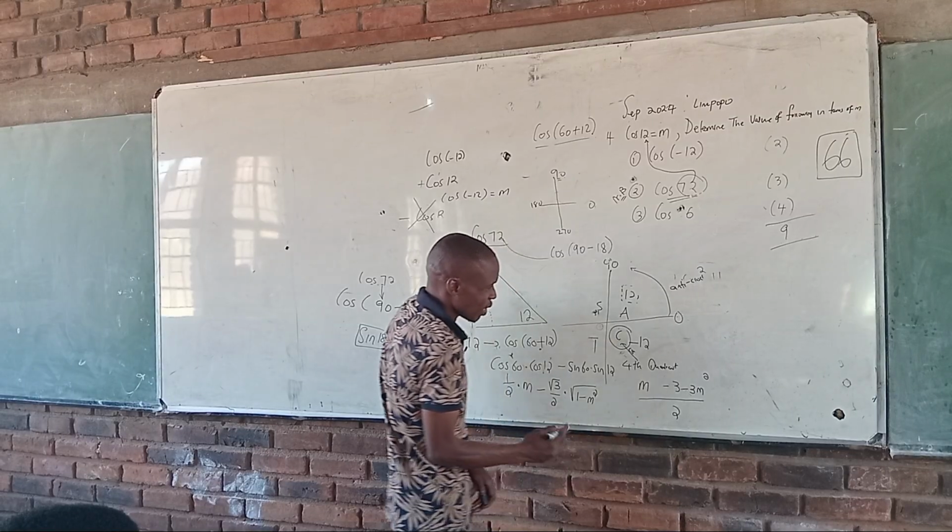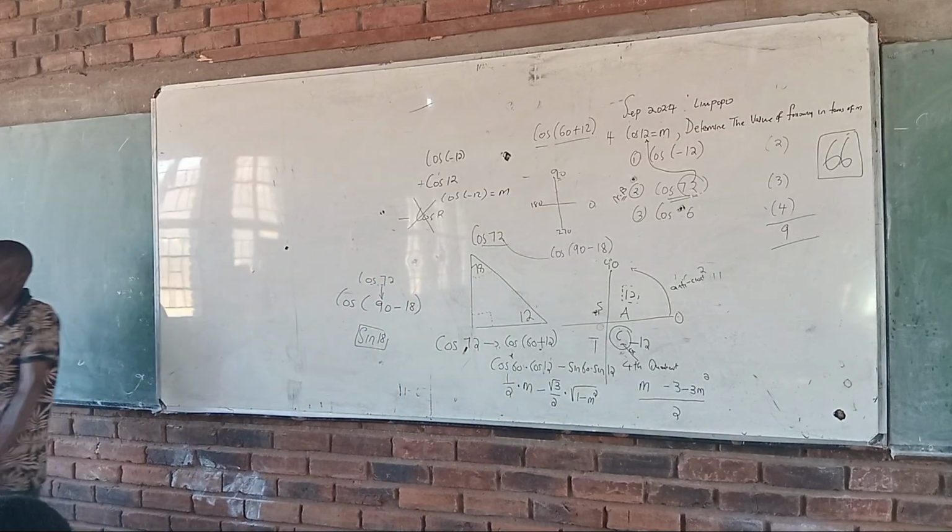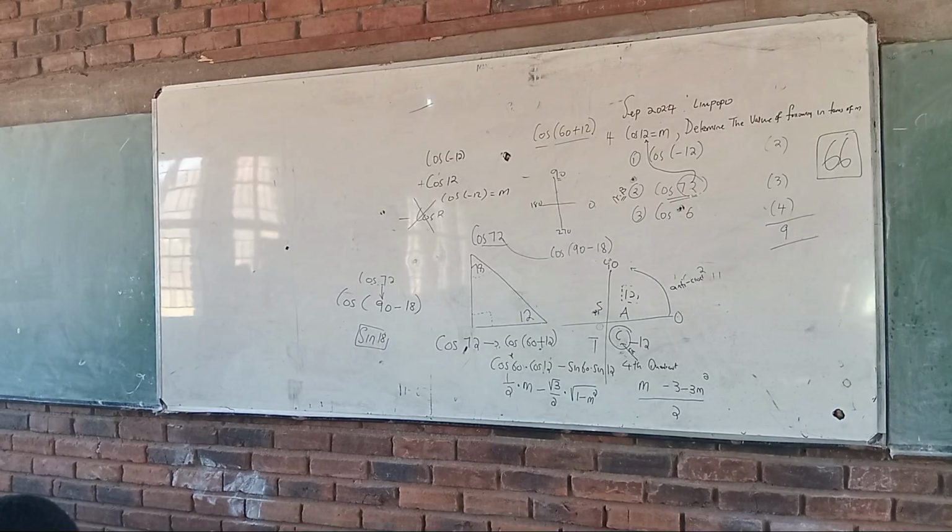We leave it like that. For now, let's just use that one. I doubt the allocation, but the answer is right. I will look if there is any other approach. It's tricky because it involves the special angle, and that's what they will do for you in the exam. They will try by all means to trick you.